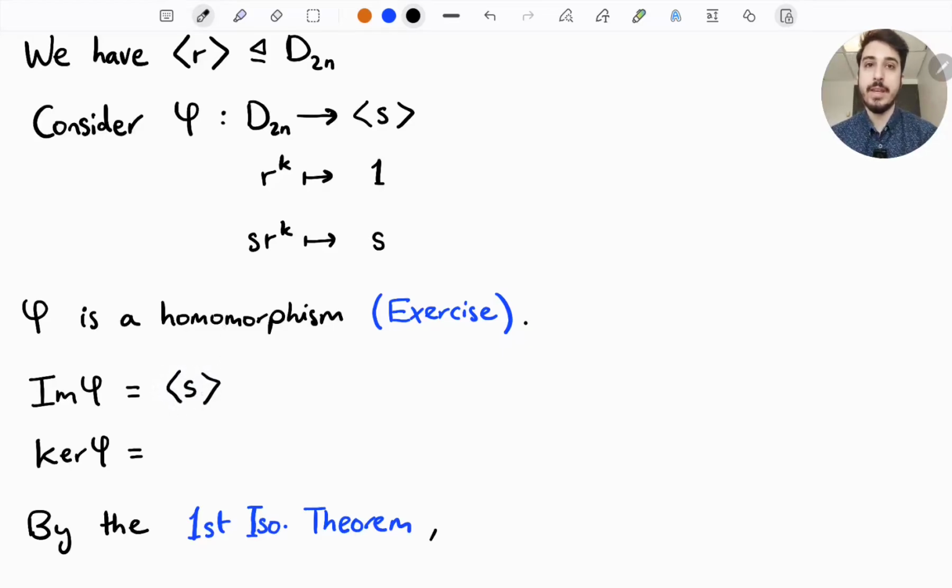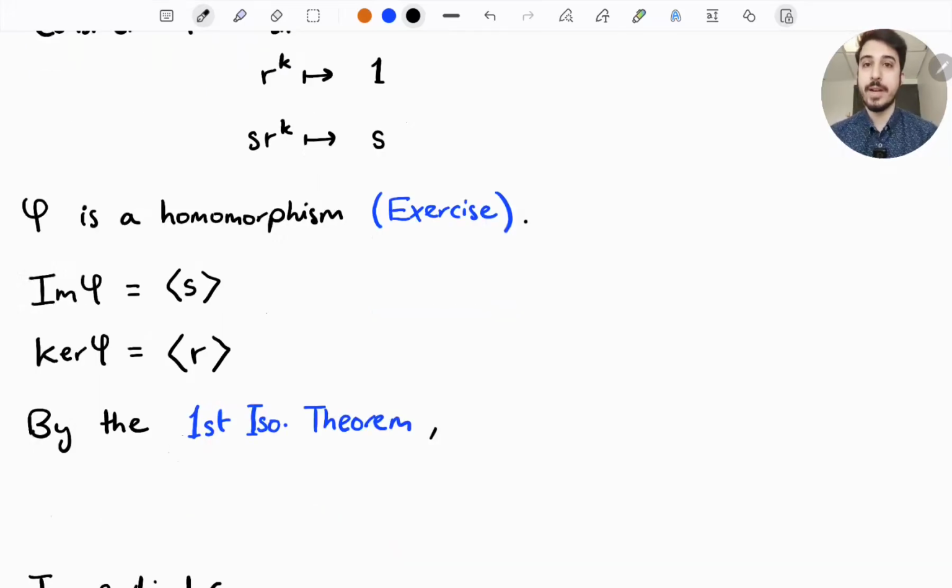The kernel of phi is all of the elements that phi maps to the identity, and in this case it is all of the powers of R, and since it's all of the powers of R, we can say it's the subgroup generated by R. So by the first isomorphism theorem, recall that if we take the group and we take the quotient group with the kernel of phi, this is isomorphic to the image of phi.